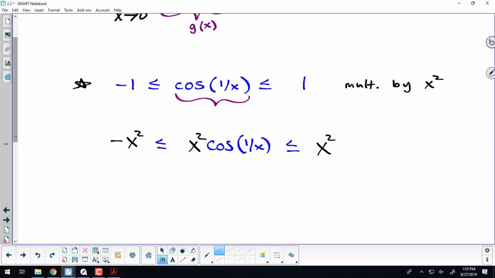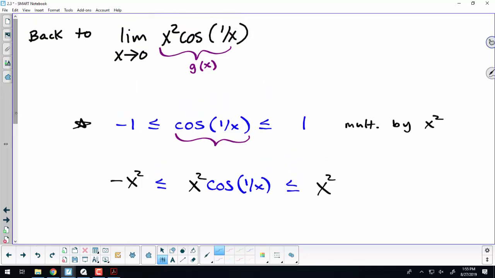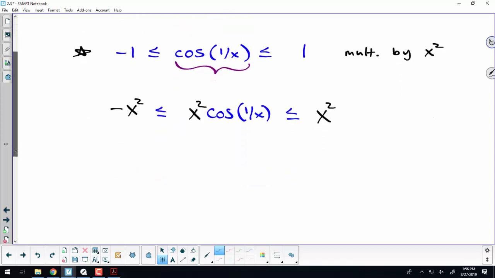Gotcha. Okay, so once you have this, or if you're given this inequality that's established, then the question we're trying to answer is what is the limit as x approaches 0 on this middle piece here? So naturally we need to insert that.